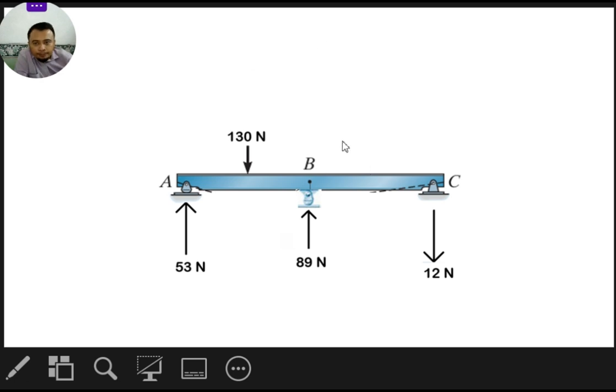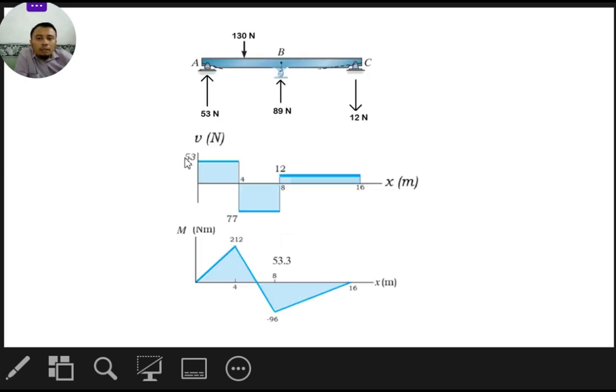So this is your final reaction forces acting on the structure. Based on this, you can draw your shear force diagram. So this is 53, and then there's no force acting, so flat. Shear force remains 53, and then at this point where the load is applied, 53 minus 130, so you get negative 77.